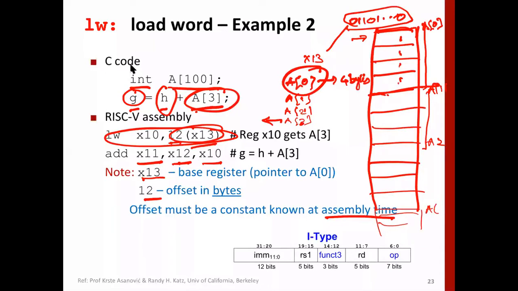This is the base address. The base address plus 4 bytes is the starting address of the second element of the array, base address plus 8 is the starting address of the third element, and base address plus 12 is the starting address of the fourth element.